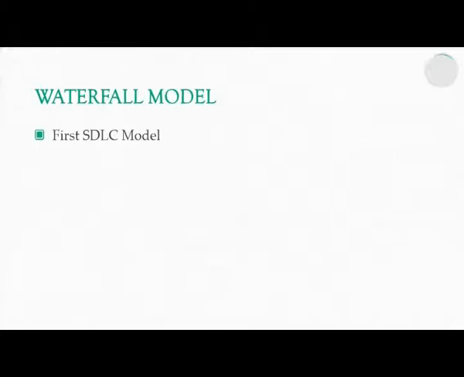The Waterfall Model is also known as the linear sequential model. What it means is, the development process is usually unidirectional and flows steadily downwards through the different phases of software development. This downward flowing concept is what gives it the name Waterfall Model.